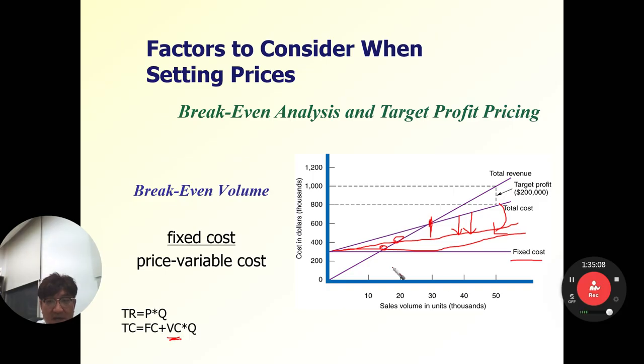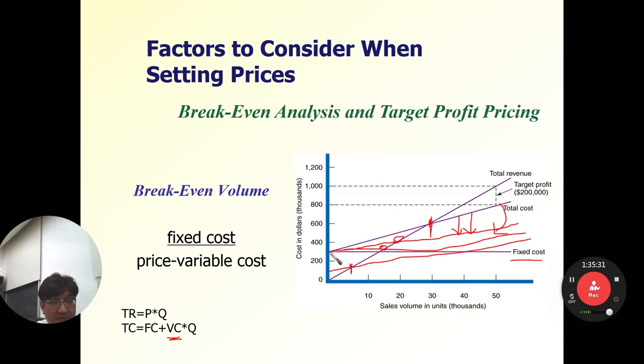Again, if you decrease your fixed cost, you move the line in parallel. You have a fixed cost, the break-even point over here. You move this line downward, which means that if you decrease your fixed cost, you have a smaller break-even point.